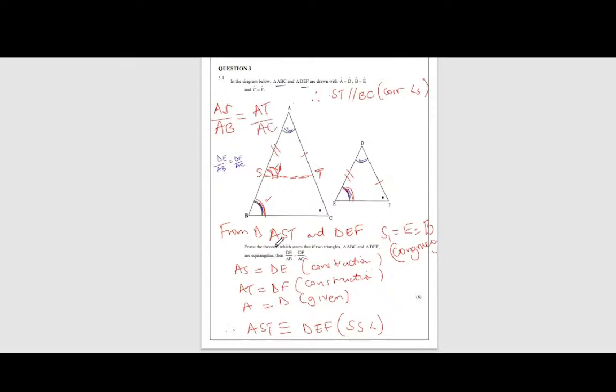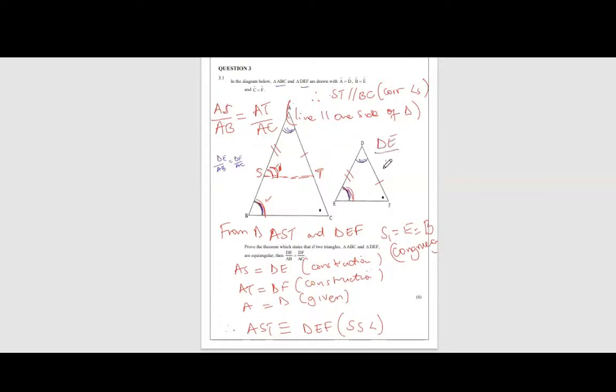But what reason are you going to give? We're saying a line that is parallel to one side of a triangle. But we said that DE is the same as AS. Where there is AS, I can just replace it with DE.